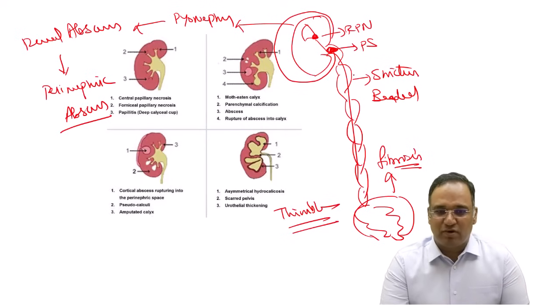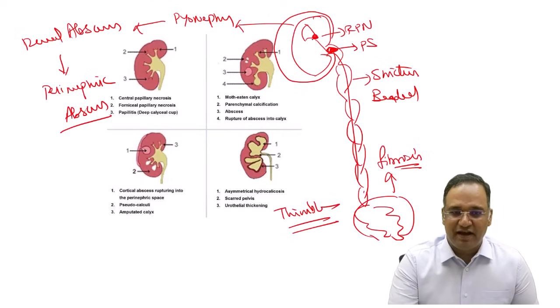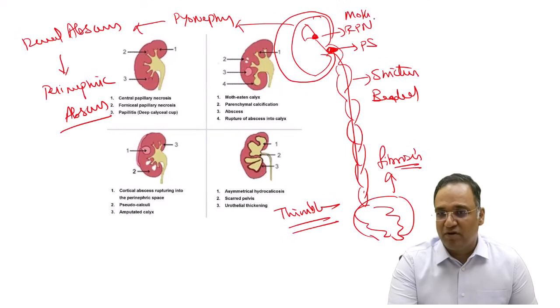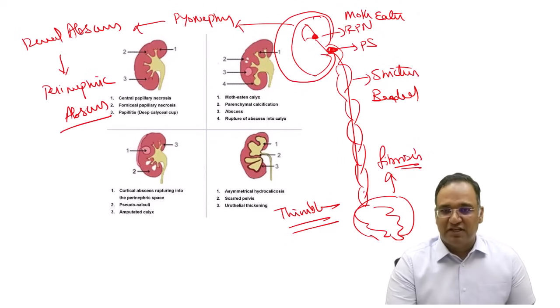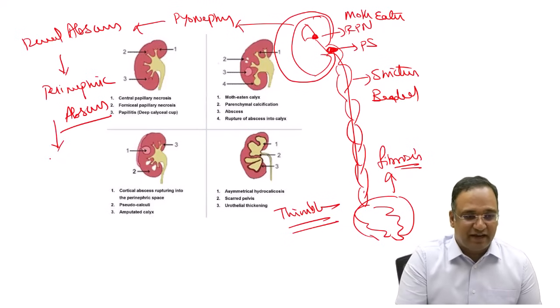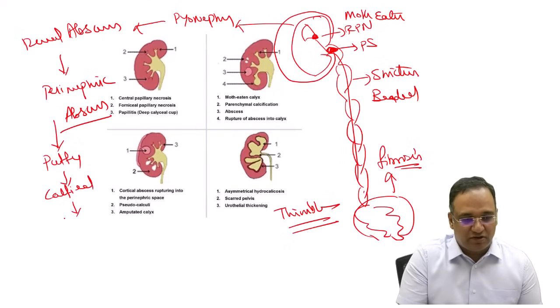So, what are the key words here? Renal papillary necrosis, and involvement of the calyces is called moth-eaten calyces. Then papillary necrosis, pelvic stenosis, hydronephrosis, pyonephrosis, renal abscess, perinephric abscess, and also putty kidney, which can eventually get calcified to form what is called cement kidney.